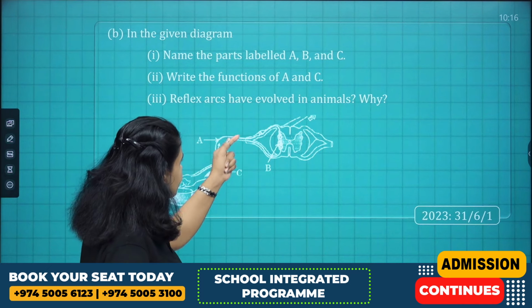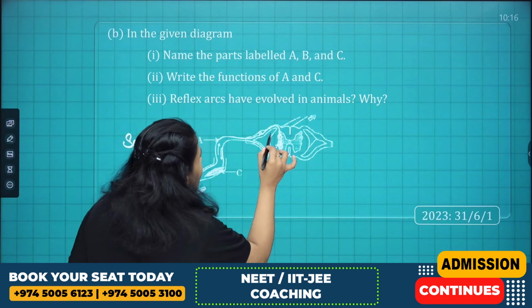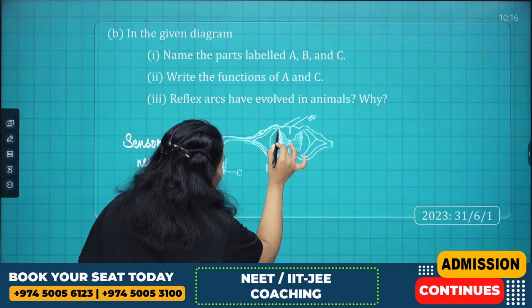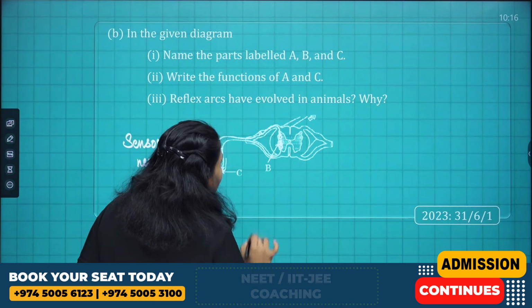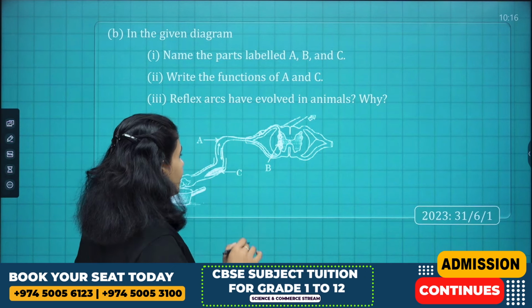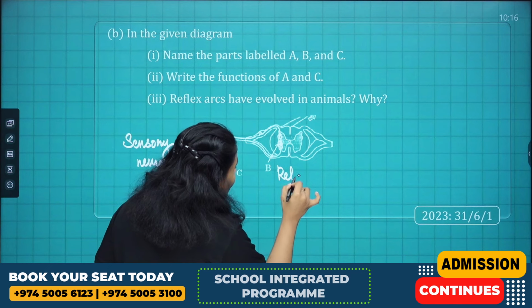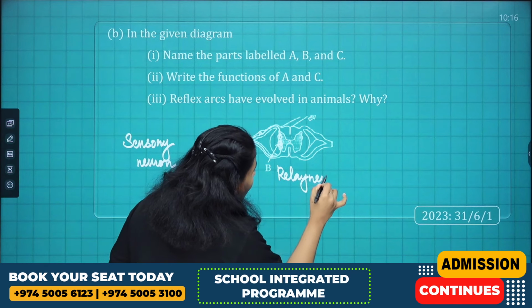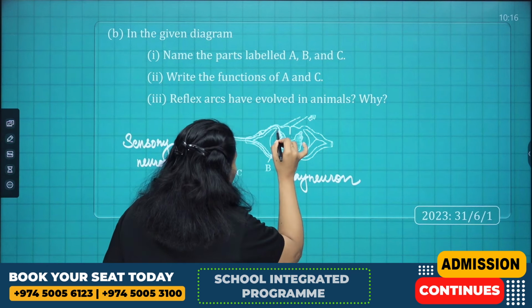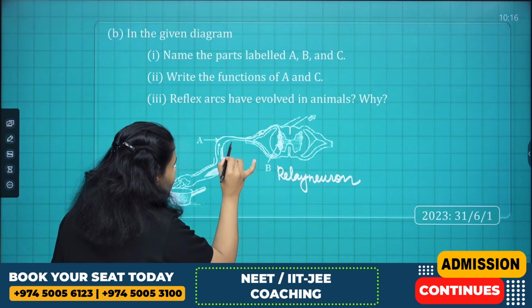In the spinal cord, the sensory neuron is in connection with the interneuron or relay neuron, which connects the sensory neuron to the motor neuron.